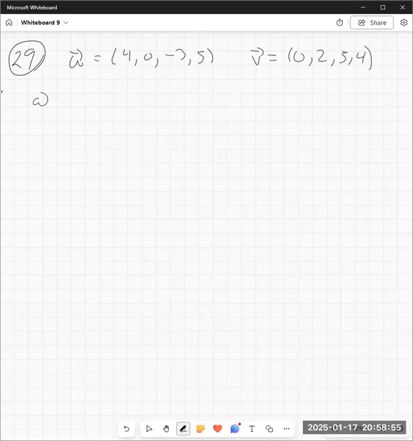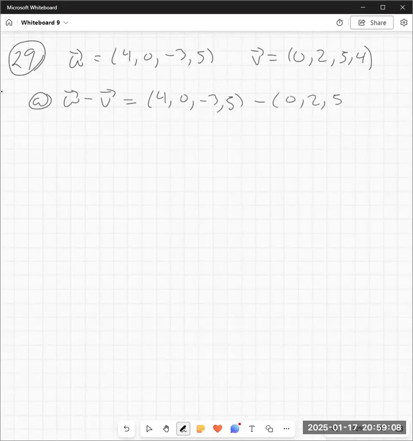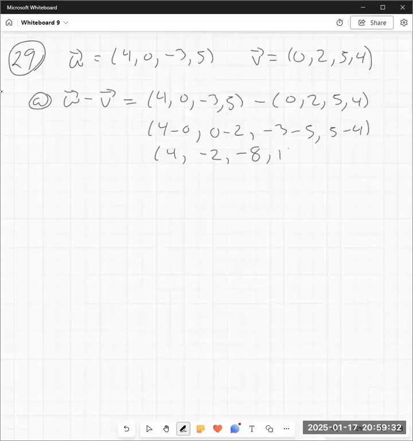And we're asked to find u minus v, which is equal to 4, 0, negative 3, 5, minus 0, 2, 5, 4. That's 4 minus 0, 0 minus 2, negative 3 minus 5, 5 minus 4. So that's 4, negative 2, negative 8, and 1.